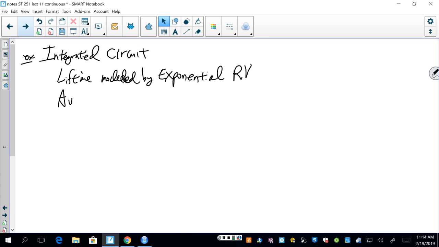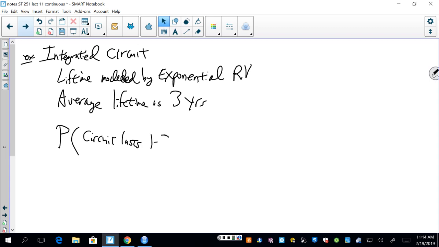The average lifetime is 3 years. What's the probability that the circuit lasts 1 to 3 years?